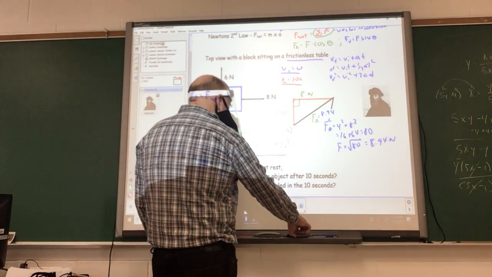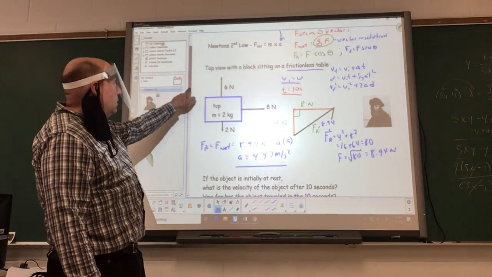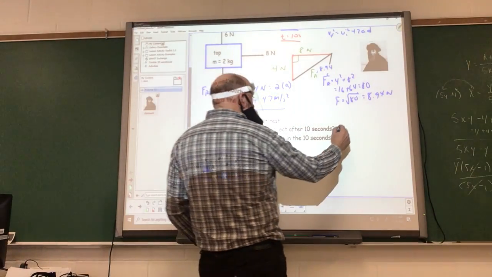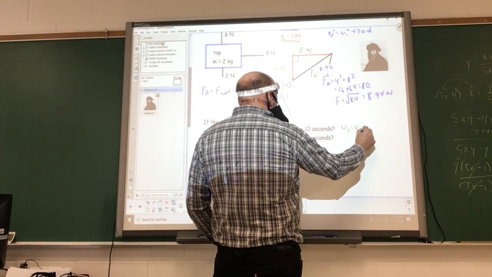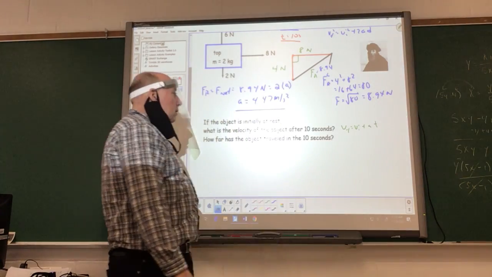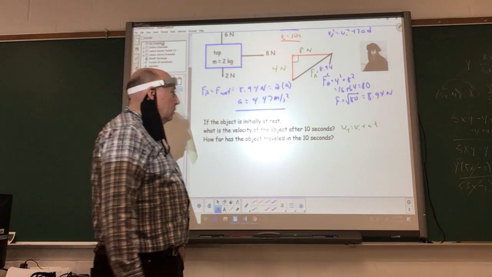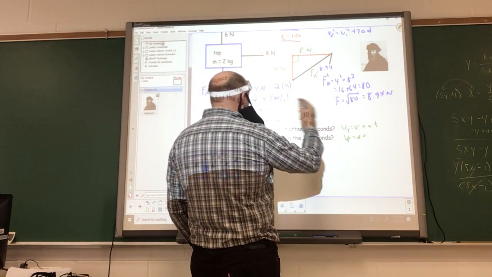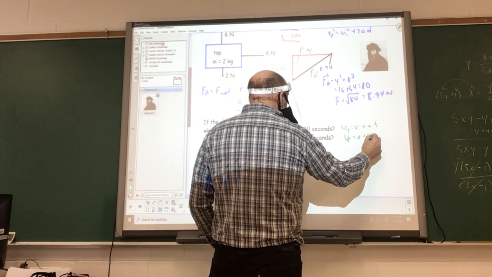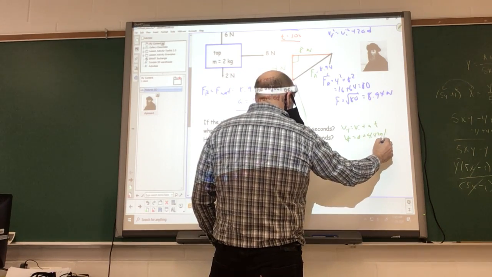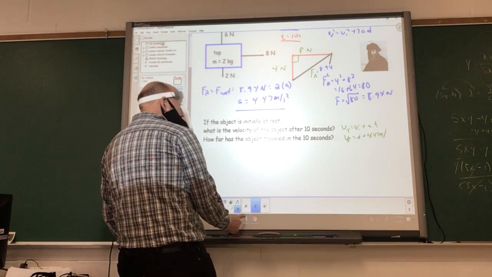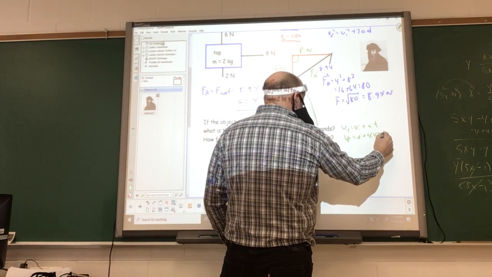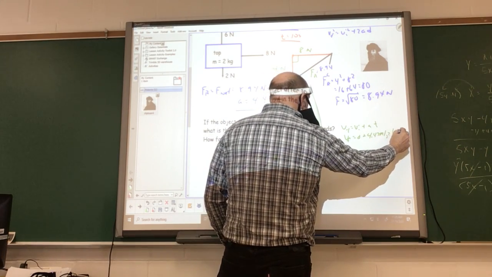Once we find the acceleration of the object, we have V final is equal to V initial plus at. V final will equal 0 plus a, which we just found to be 4.47 meters per second squared, times our time, 10 seconds.